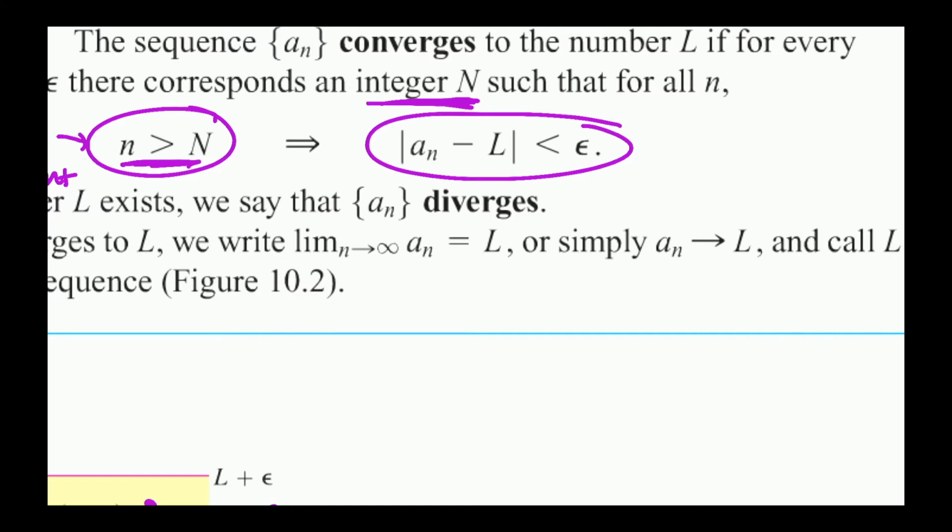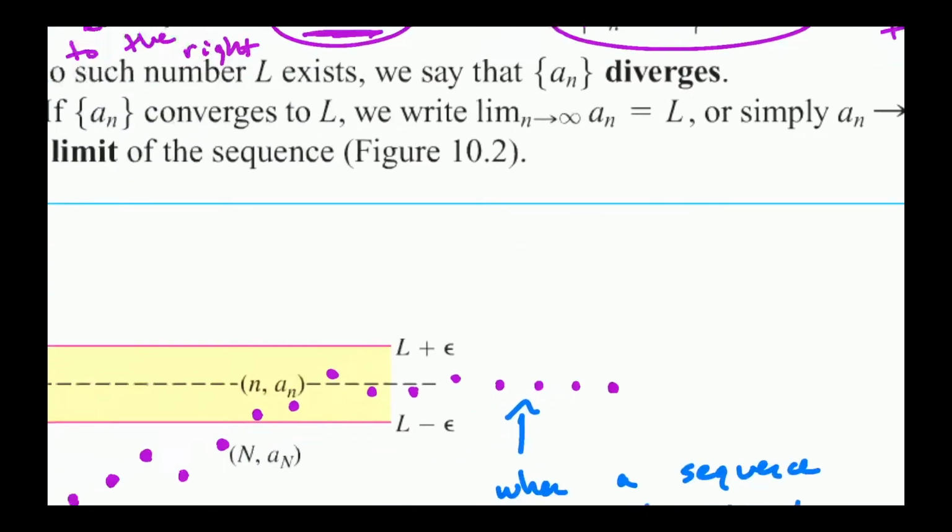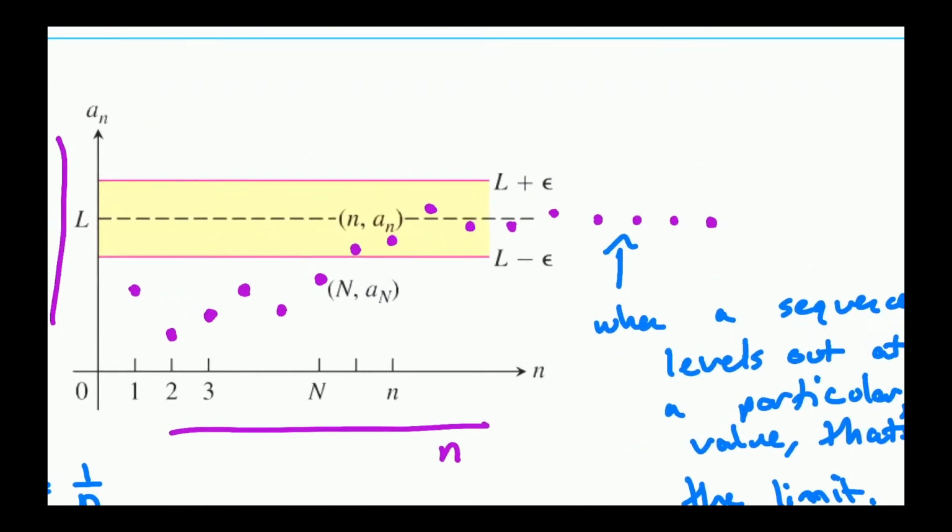And what happens is a_n is close to, I'll say very close, to the limit L. That's what that's saying. And they're trying to show you that in the picture.